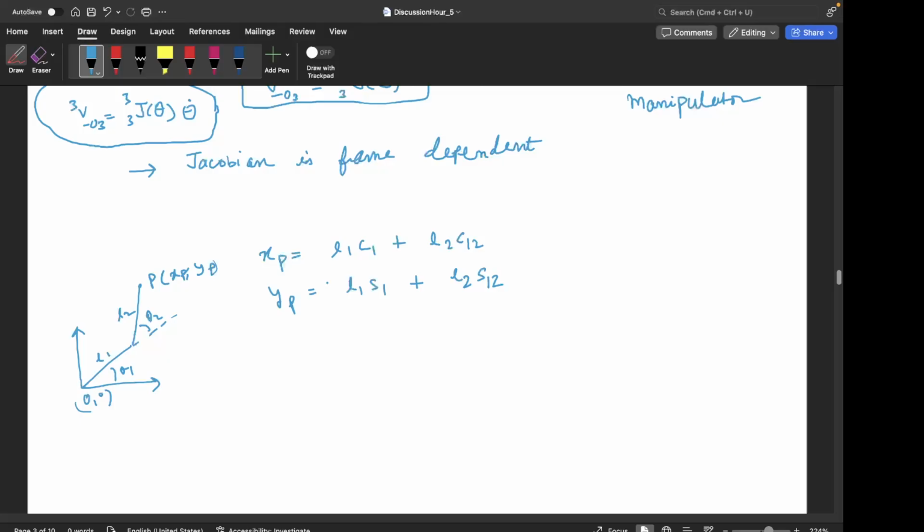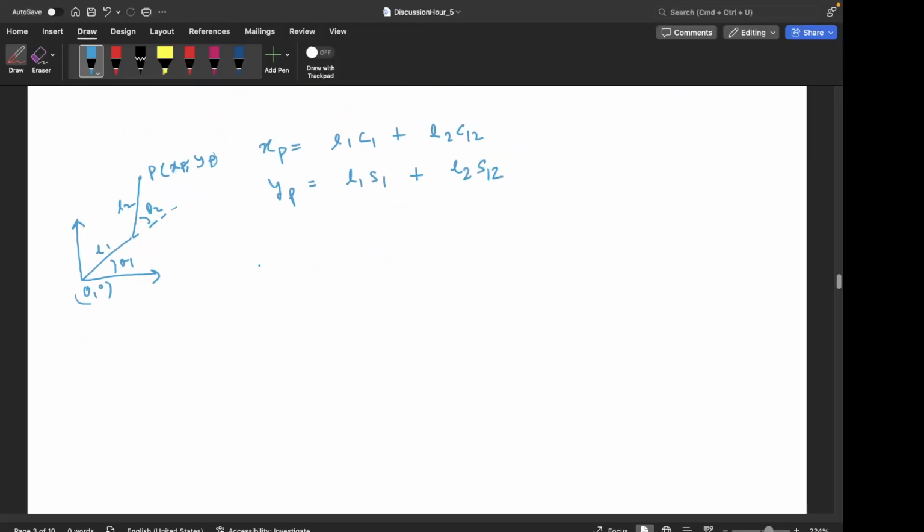Right? Now if I do del xp by del theta 1, then I get minus L1S1 minus L2S12. Then del xp by del theta 2 gives minus L2S12.